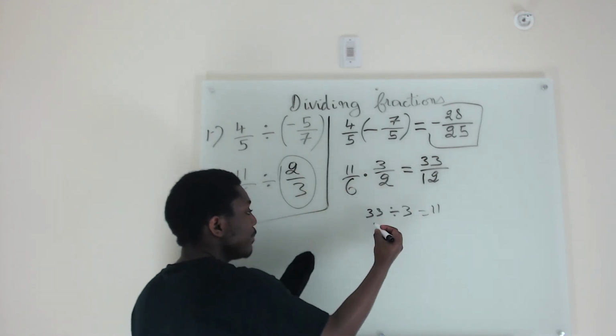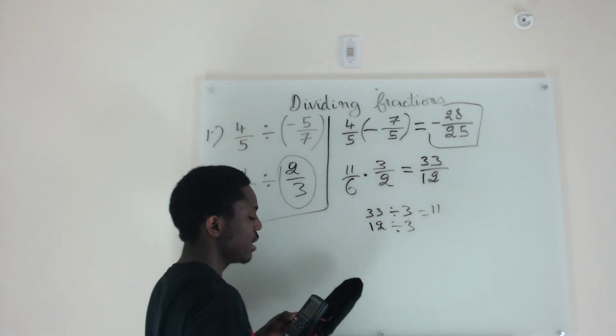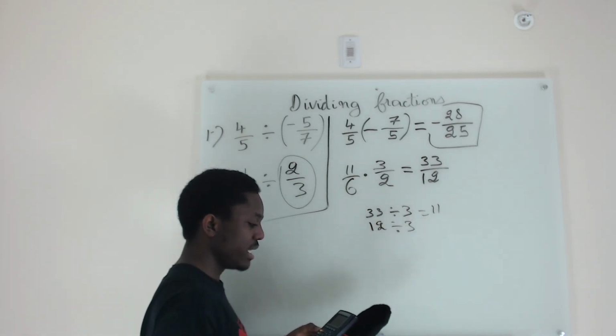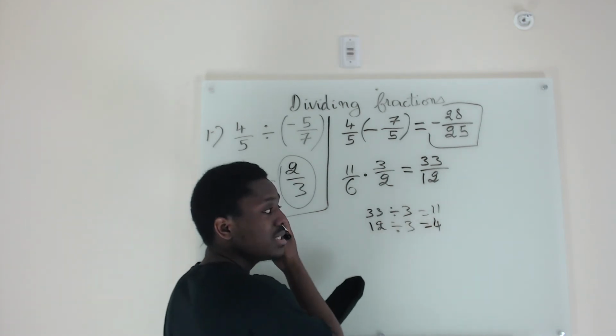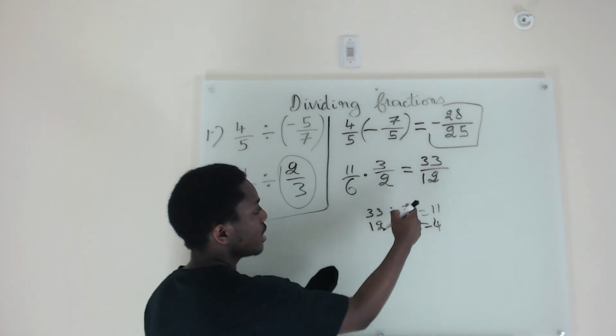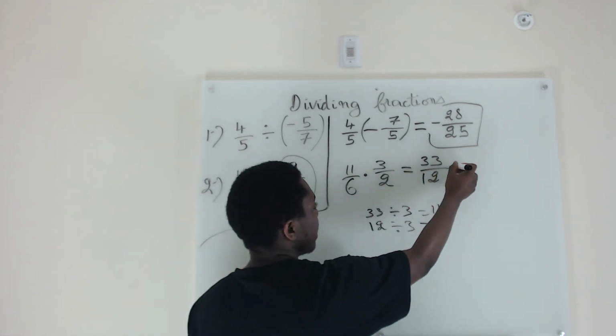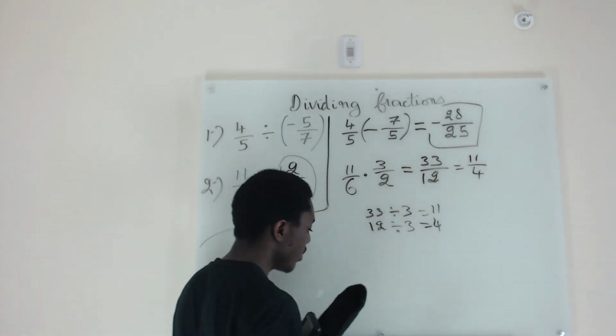The bottom number is 12. 12 divided by 3 is what? 4. Since it gave me a nice number, this fraction simplified gives me 11 over 4.